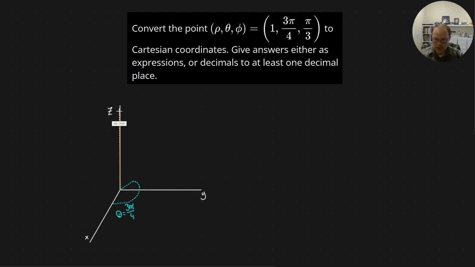That's pi over 6, 30 degrees, 45, pi over 3, 60 degrees, somewhere like there, in this plane where my polar angle is telling me to go. So that's phi equals pi over 3.